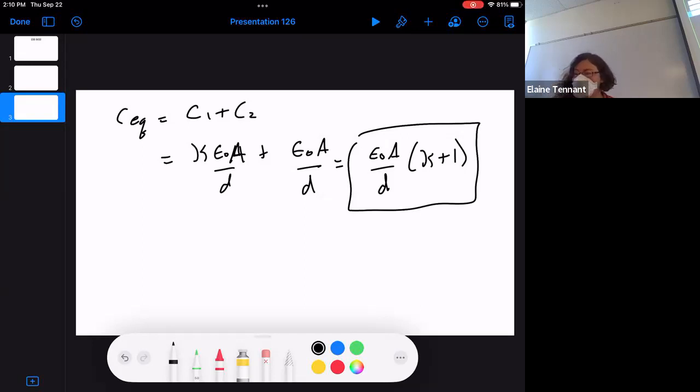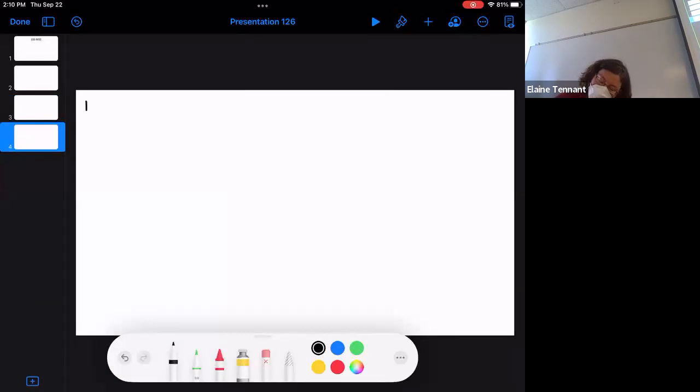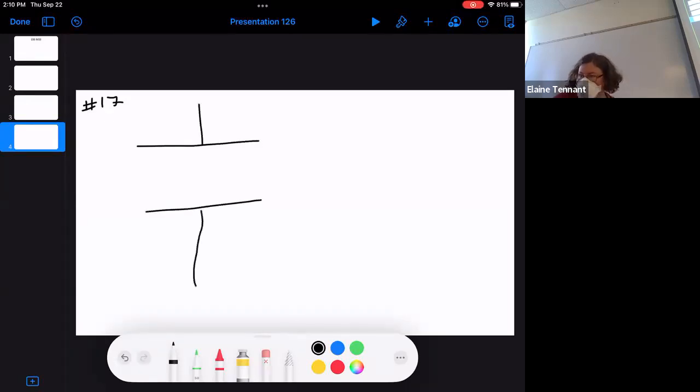Then let's do the other half of this problem, which is number 17. Now we have a very similar situation. I have my parallel plate capacitor.